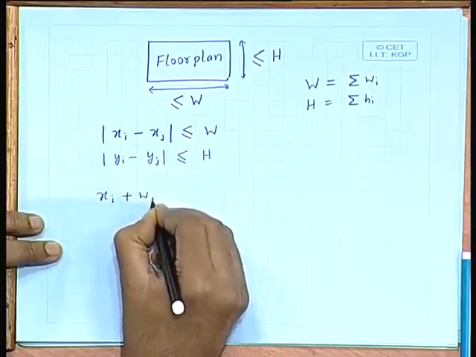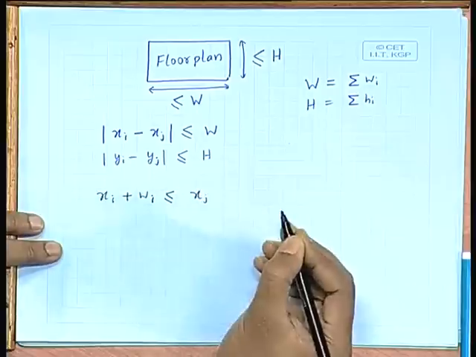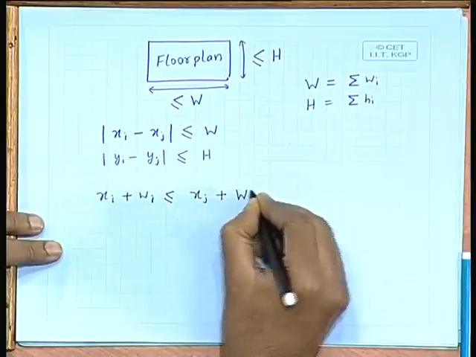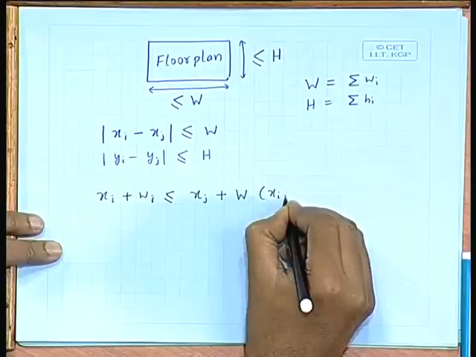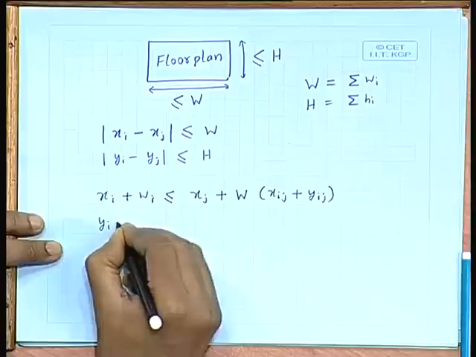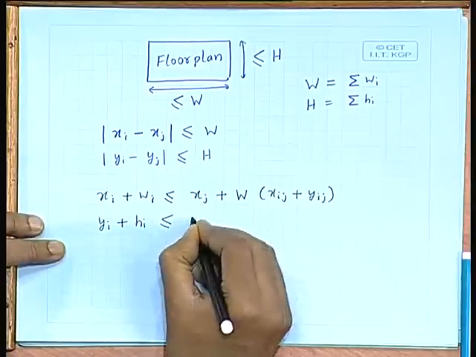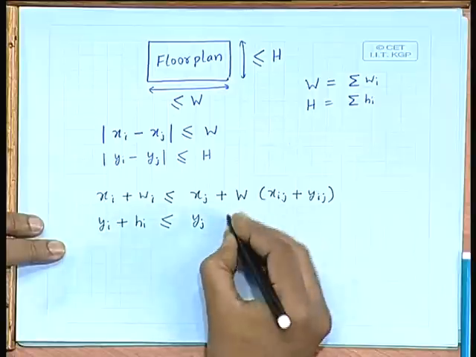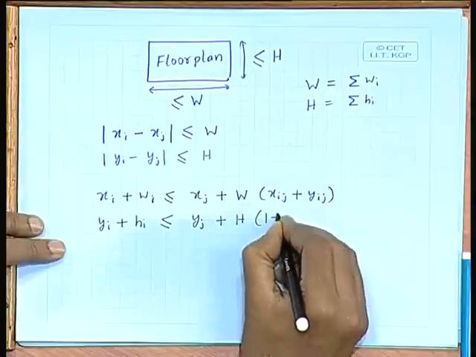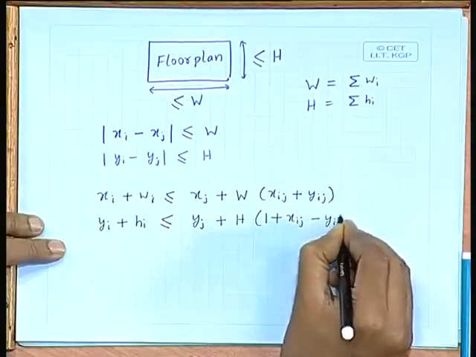The first equation becomes, so earlier it was only xj, right, but now we are adding something to it, plus capital W times xij plus yij. I am explaining what this means. The second equation was yi plus hi less than or equal to yj only, but now we are adding something more, H times 1 plus xij minus yij.